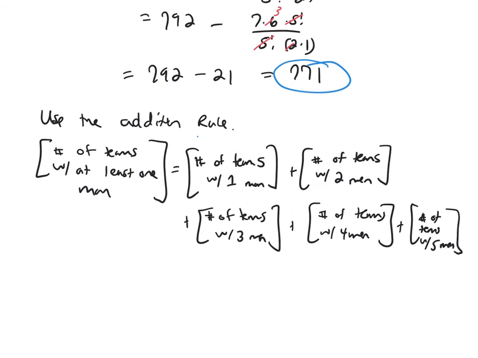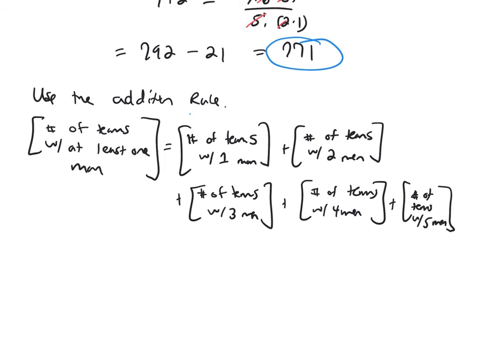You add these all up because these are all independent events. They don't have any overlap in them.